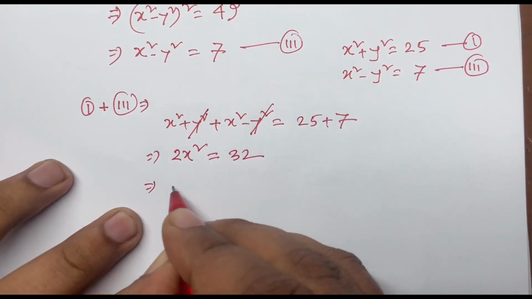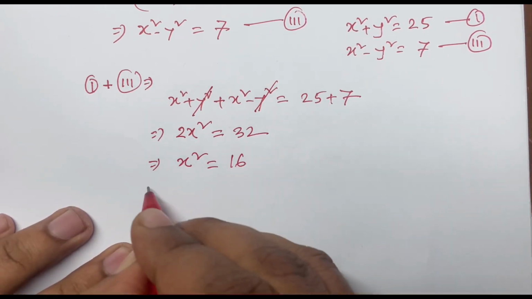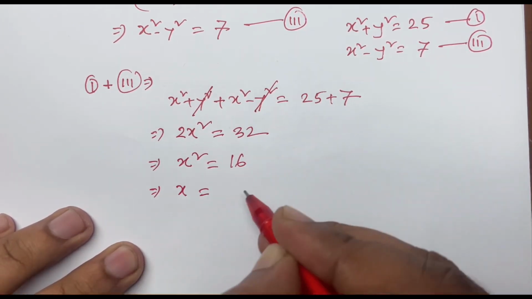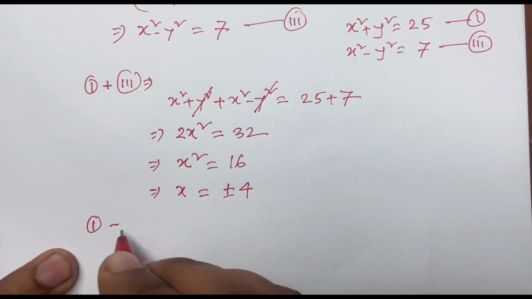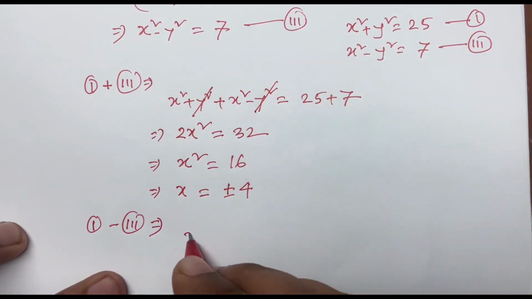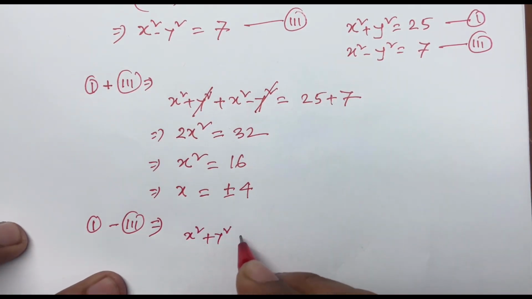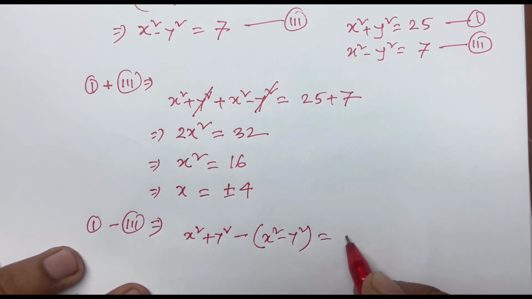And now I can see easily x square equals 16, and if I take the square root of both sides, I can say easily x equals plus minus 4. Again, first equation minus third equation. So x square plus y square minus x square minus y square equals 25 minus 7.